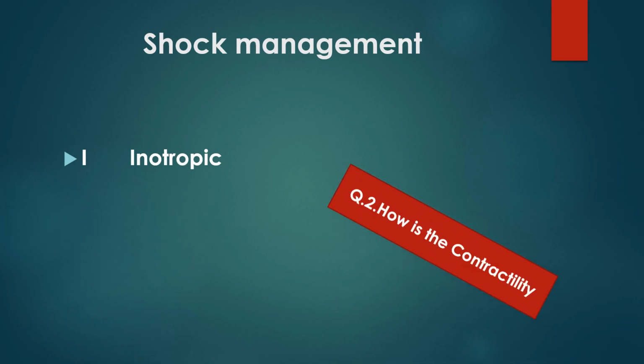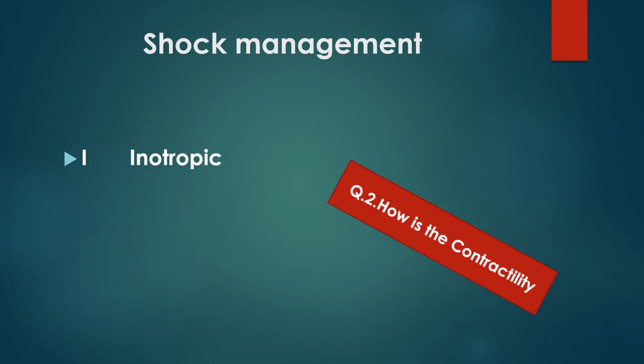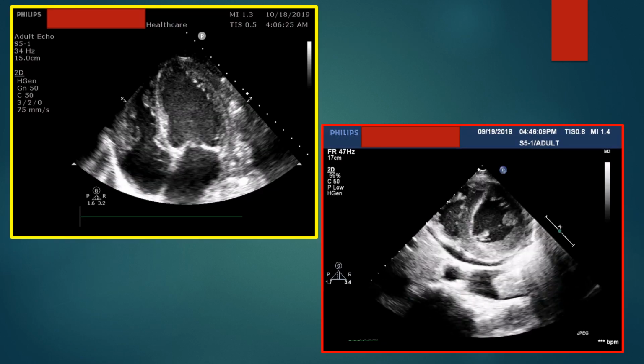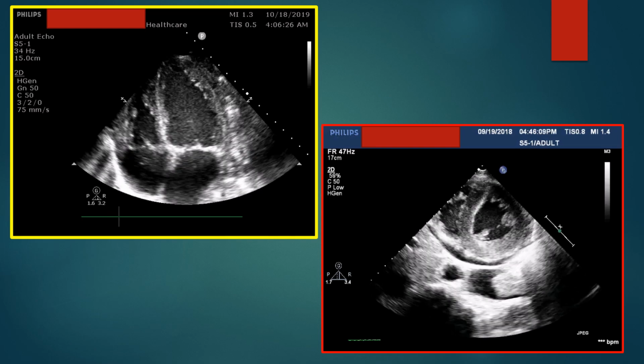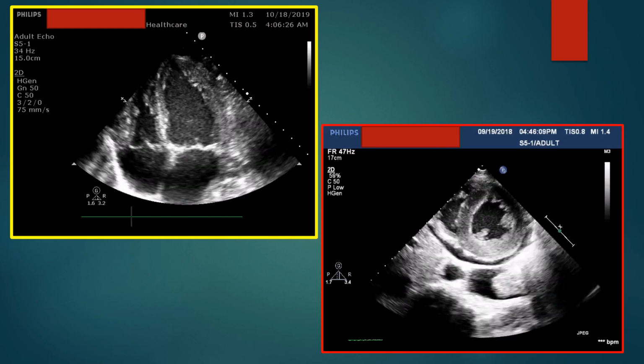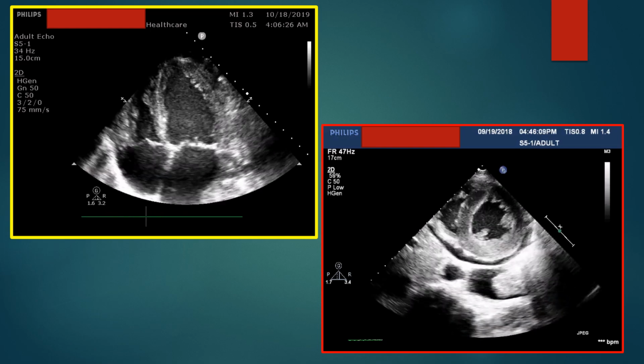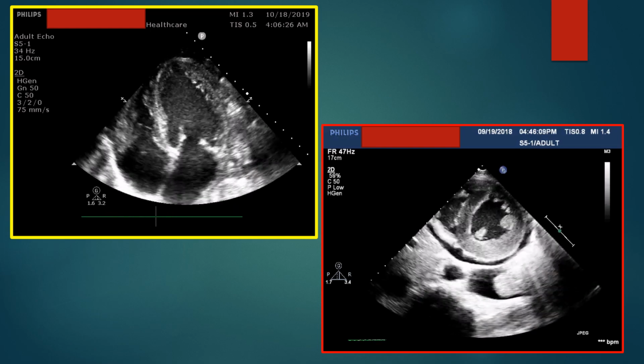The second question that you have to answer, in continuity with the previous point about myocarditis, is how you assess the contractility and how you can decide about using or not using inotropics instead of vasopressors. When you see the left ventricle not contracting well, there are 3 signs of bad contractility of the left ventricle.